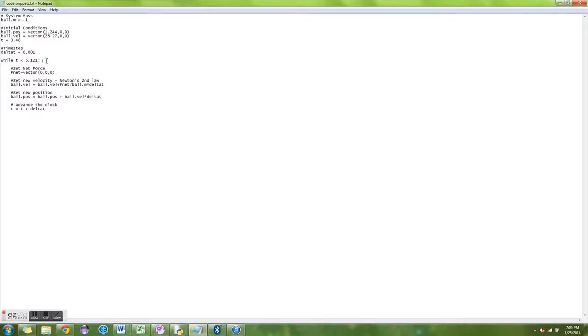So, while we have a time less than our final time in Tracker, we have our net force at 0 because it's constant velocity, and then we use Newton's second law to calculate the new velocity, and the formula rf equals ri plus v average delta t to calculate the new position of the ball, which is in this case the model of the water bottle, and then we advance the clock to move to the next iteration of the loop.